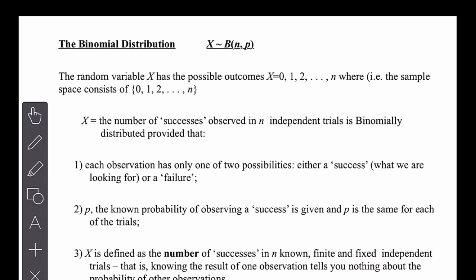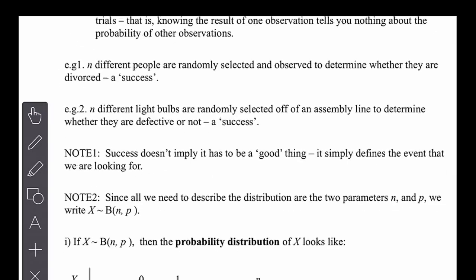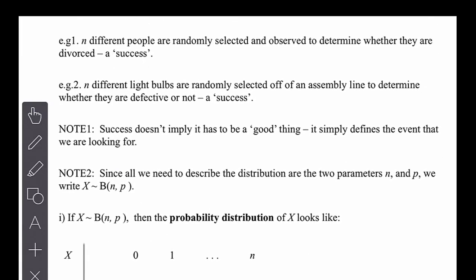Okay, so then I provide 2 examples. Example 1. So if you look at a randomly selected group of people and you observe them to determine whether they're divorced or not. So the divorce would be a success.